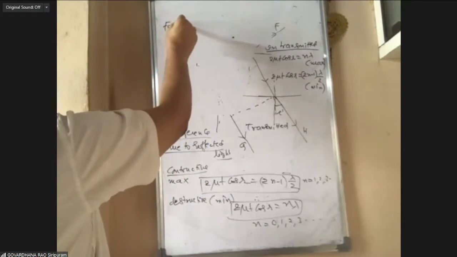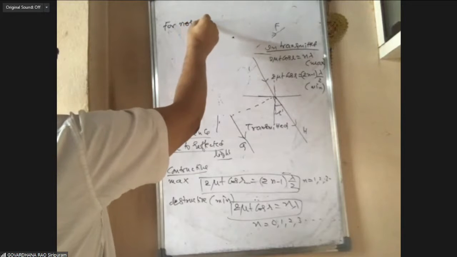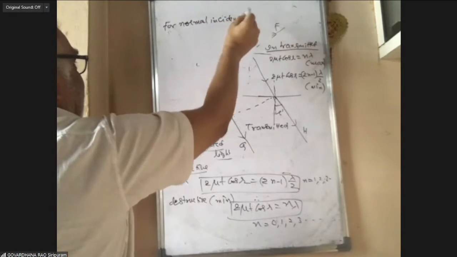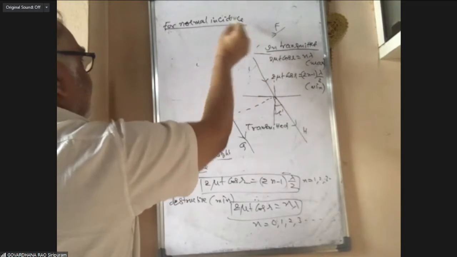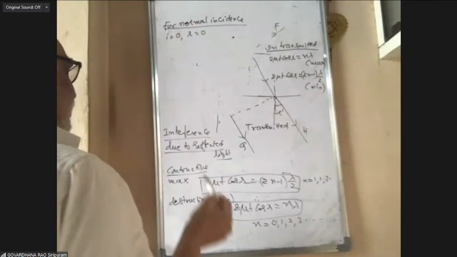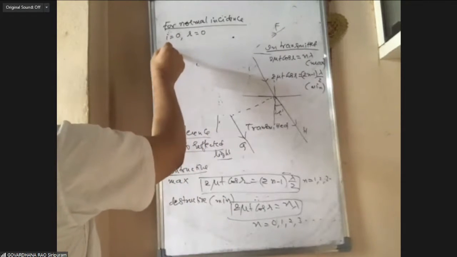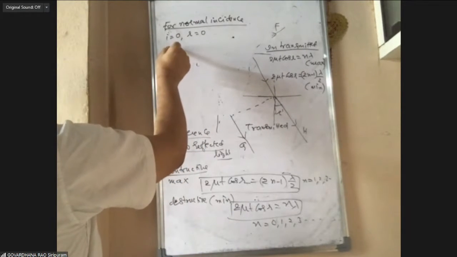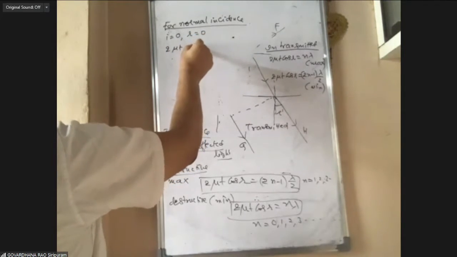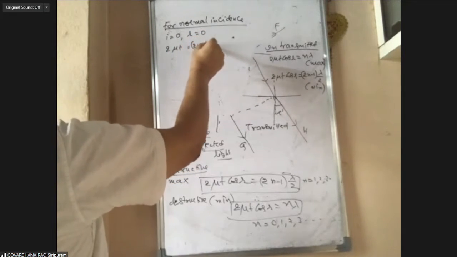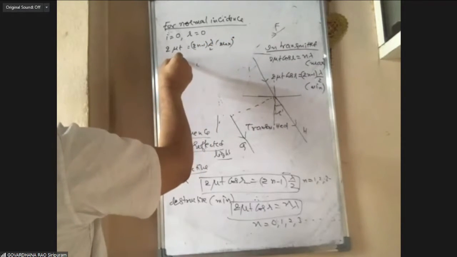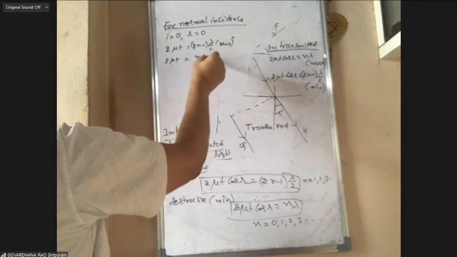For normal incidence, i will be 0, r will be 0. Then it will become 2 mu t equal to (2n minus 1) into lambda by 2 for maxima, and n lambda for minima.